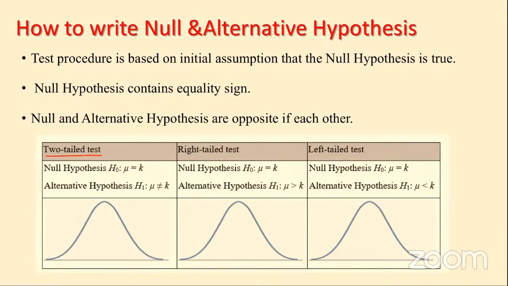So we can show it like this. A little area on the left, a little area on the right. That region is the rejection region.